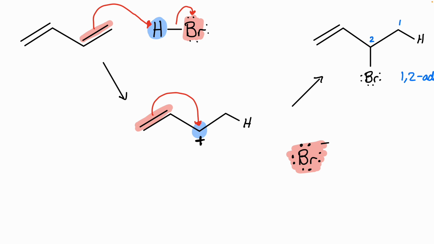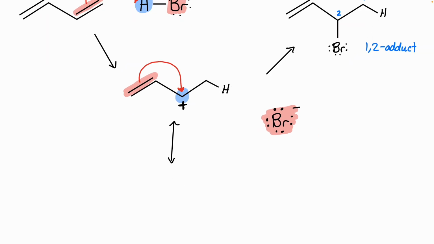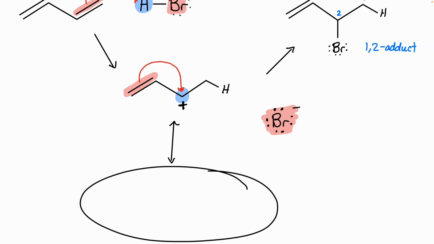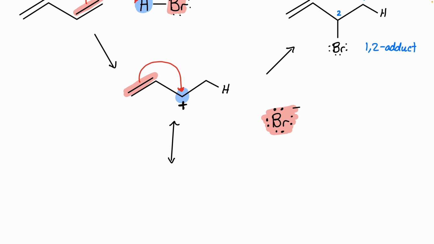All right, everybody take a second. This would now be a resonance arrow. I'm going to use this double-headed arrow. Everybody take a second and draw me the product of this step right here, following these electron pushing arrows.